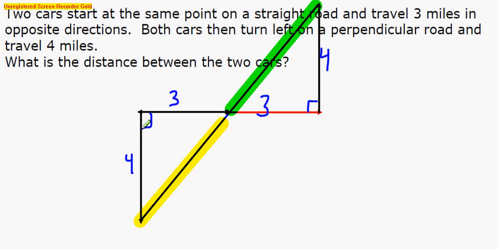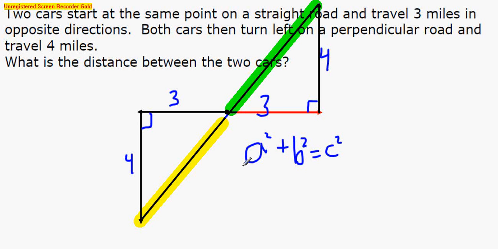And so since this is a right triangle, the thing you should always think about when you hear right triangle is the first thing that always comes to my head is the Pythagorean theorem. And so what that tells us, remember, is that it's the leg squared, or a squared, plus the other leg squared, or b squared, equals the hypotenuse squared, or c squared.